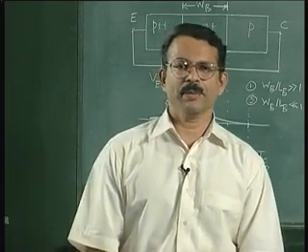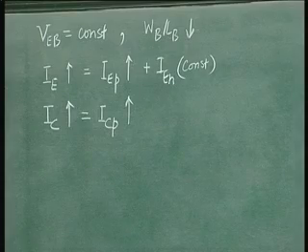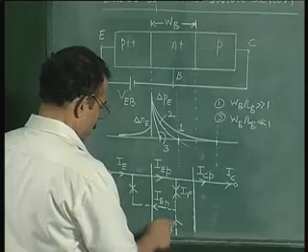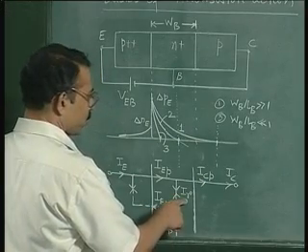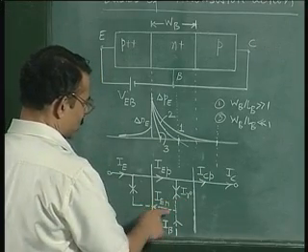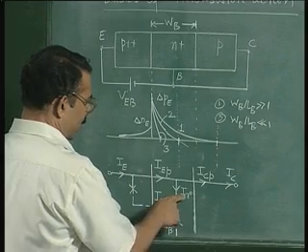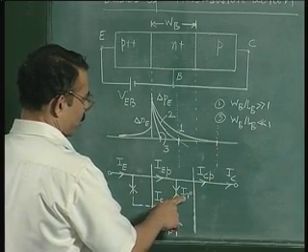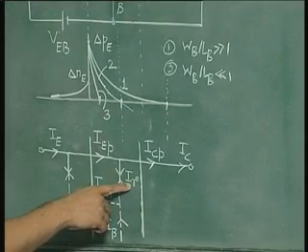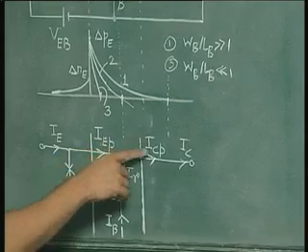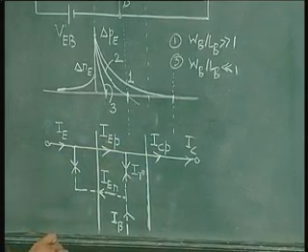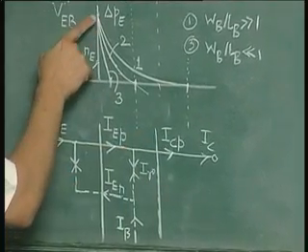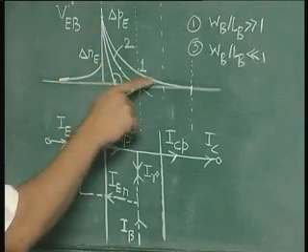Now what happens to IB? You can see that IB is IEN plus IR, of which IEN is constant, and IR reduces as you reduce your base width because IR is the difference between IEP and ICP. That is the same as the difference between the two slopes, so this slope and that slope.